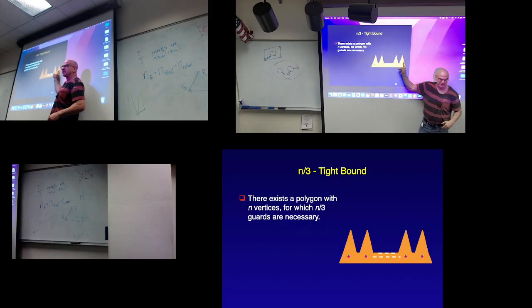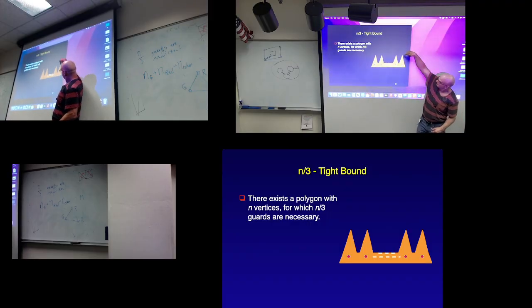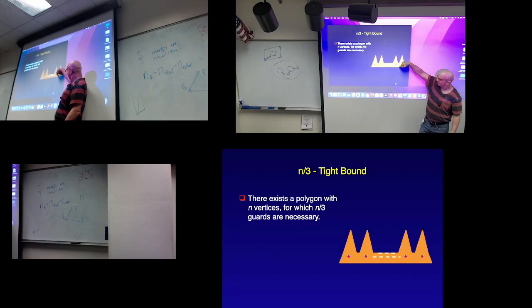So the comb example here is a simple polygon, and I'll draw it such that if I want somebody to see this point, the only way is to be somewhere inside this region. If I insist on being on the boundary, then the only point on the boundary is somewhere here below.